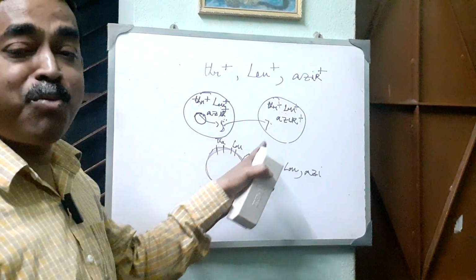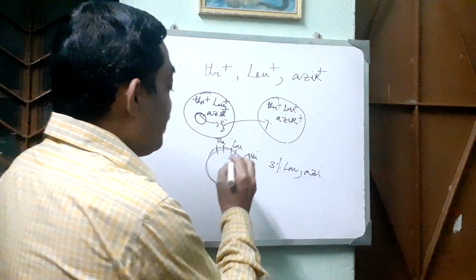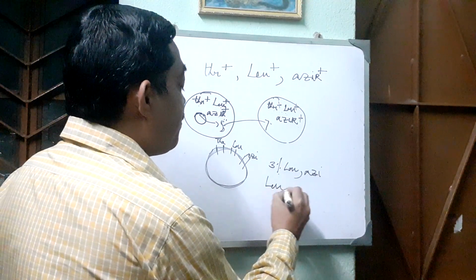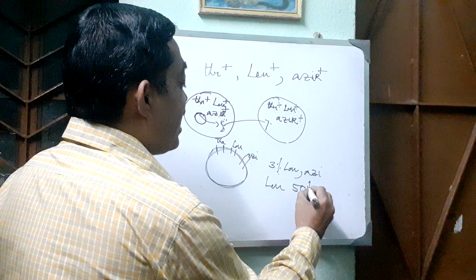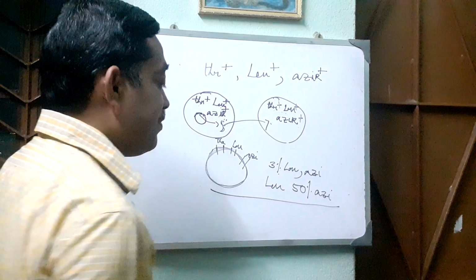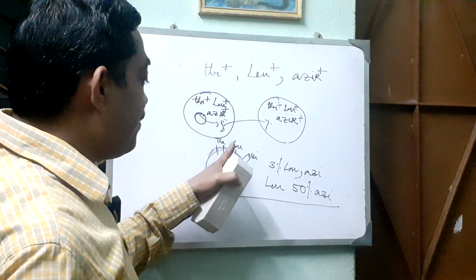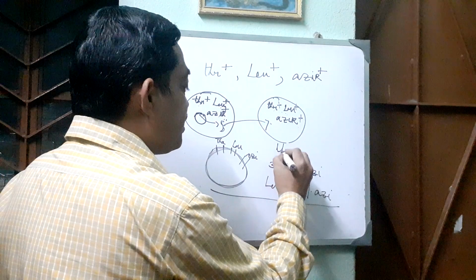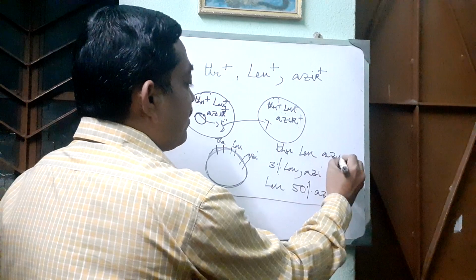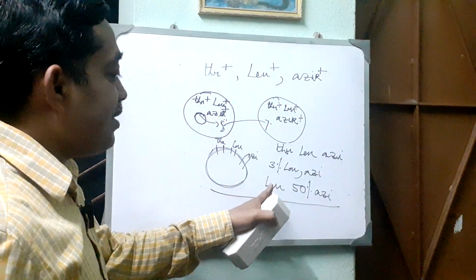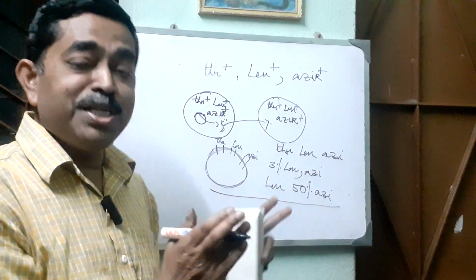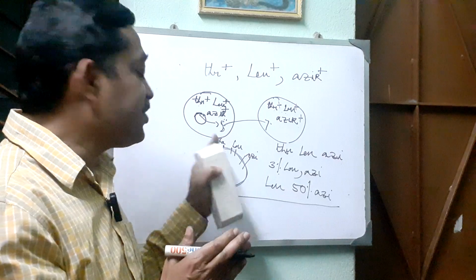Sometimes when the threonine positive gene is transferred and leucine positive is transferred, then 50% are azide positive. This statement shows that the sequence of the genes in the genome is threonine, leucine, azide, and that the azide gene is closer to the leucine gene than the threonine gene.